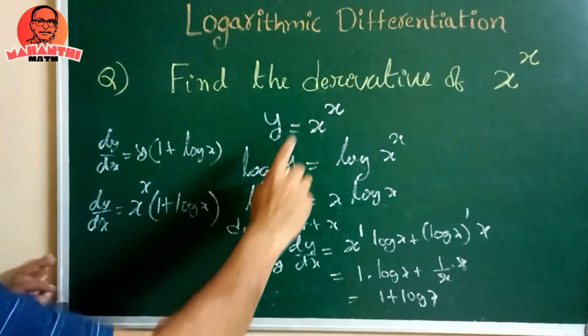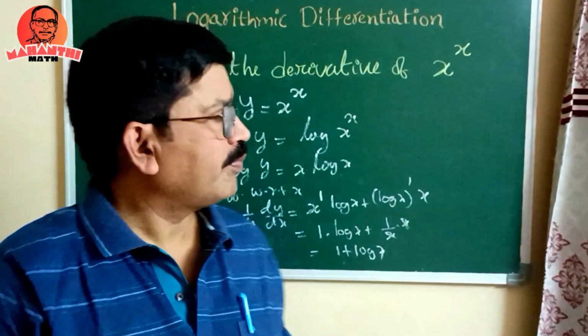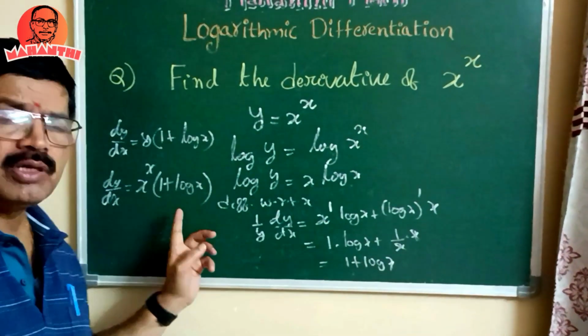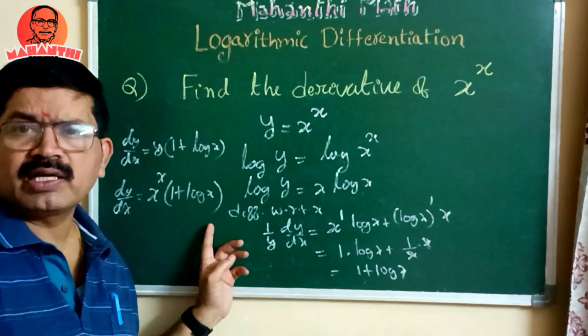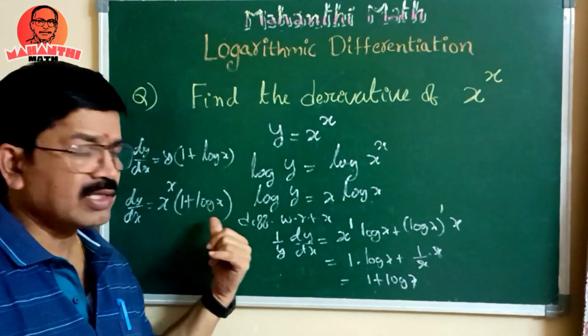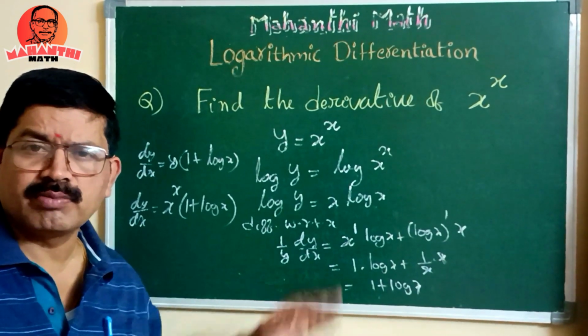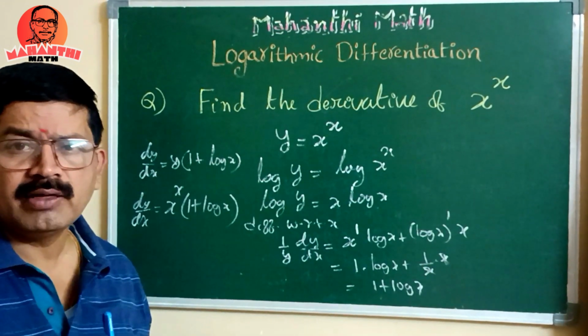So the derivative of x power x is x power x into 1 plus log x. This one, like a formula, you have to remember. Whenever x power x derivative is required, you have to write directly x power x into 1 plus log x. There you should not do it again by taking all these steps. Okay?